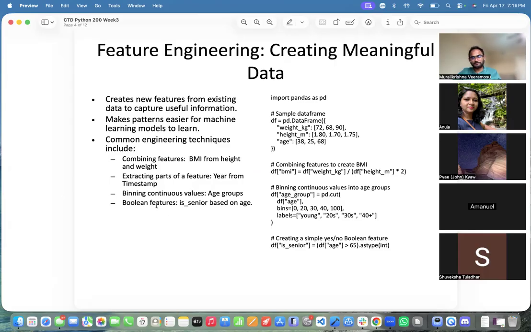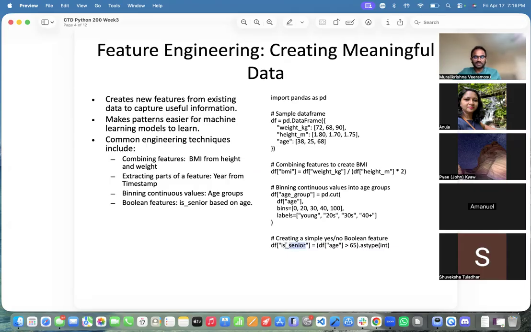And then we can create a Boolean feature based on the age. If the age is greater than 65, then we are treating it as true for a senior, right? Let's say we are creating one more feature.